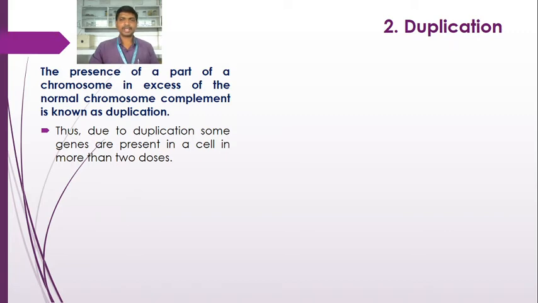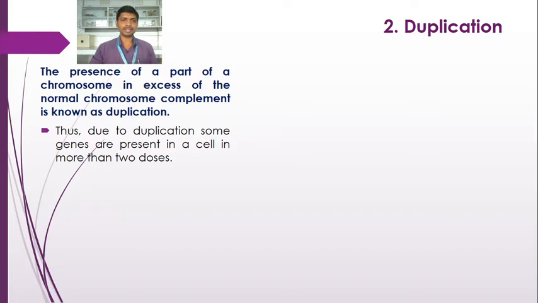Thus, due to duplication, some genes are present in a cell in more than two doses. When a part of a chromosome that possesses certain genes is attached to the normal chromosome, due to the duplication, some genes are present on a chromosome in more than two doses.